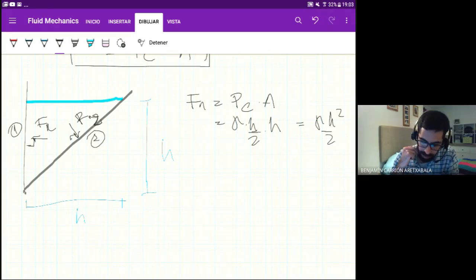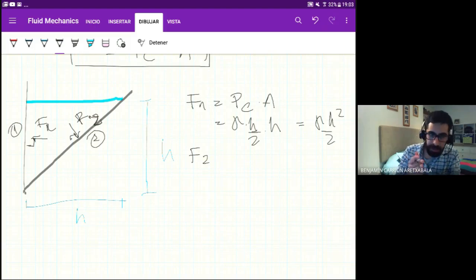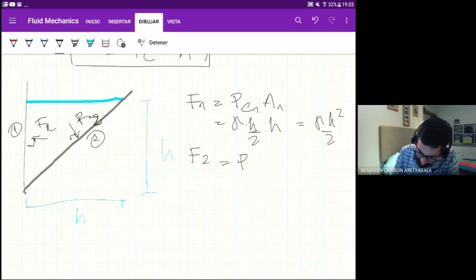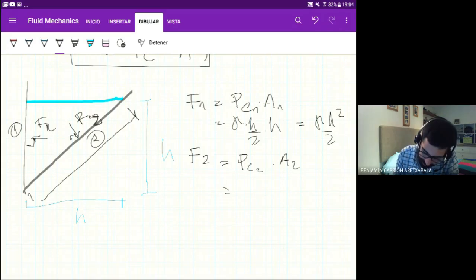That's important. So F2 is normal to the surface. F2 is going to be the pressure at the center of gravity of 2 times the area of 2, where 2 is all of this.